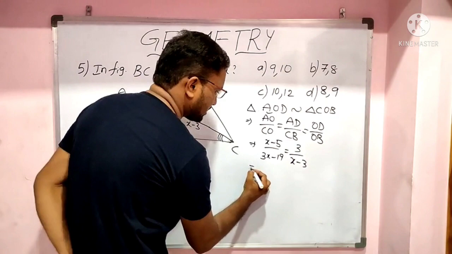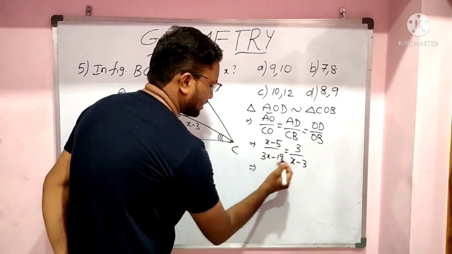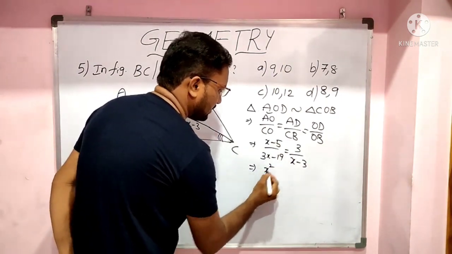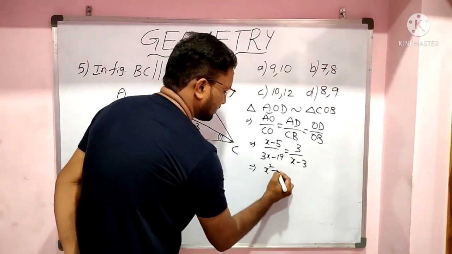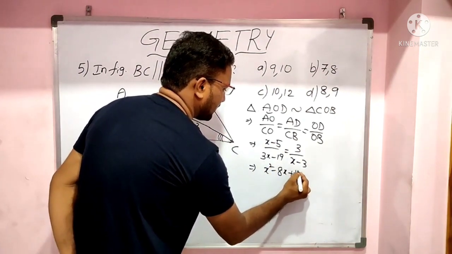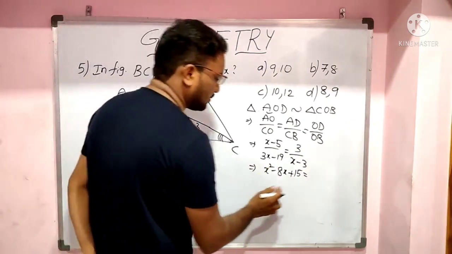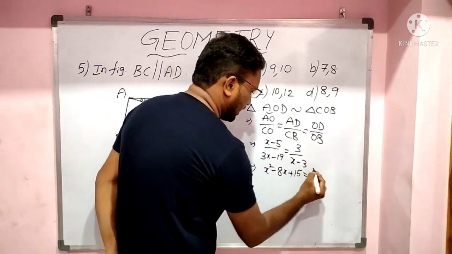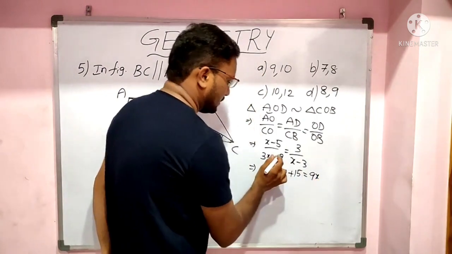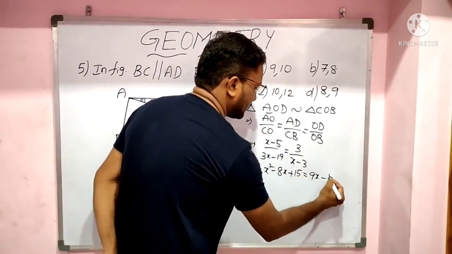Okay, cross multiplication: x minus 5 into x minus 3 is x square minus 8x plus 15, equal to 3 into 3x minus 19, 3 into 19 is 57.